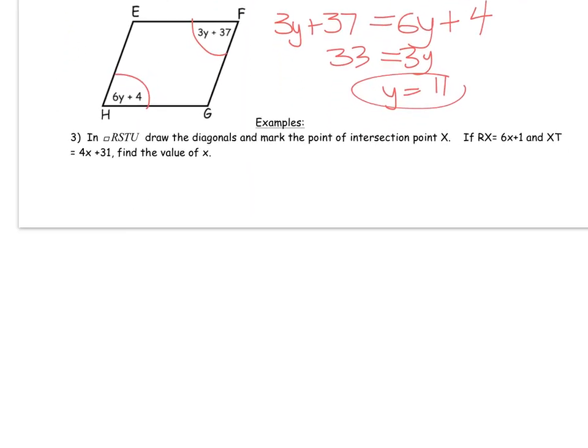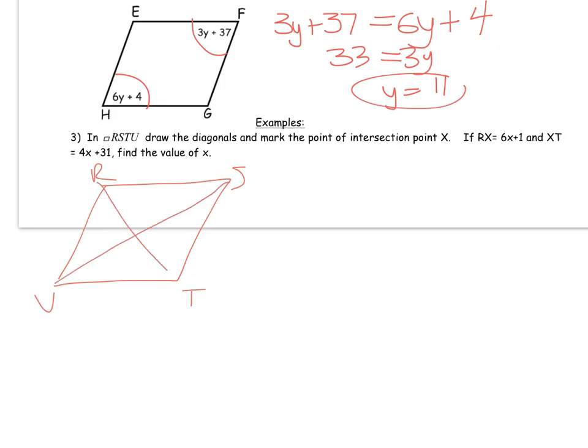In the last one on this sheet, I'm going to draw the parallelogram RSTU, and then I'm going to draw in the diagonals, and they meet at point X. Then they say RX is 6x plus 1, and XT is 4x plus 31.